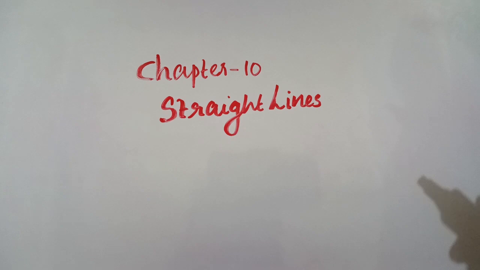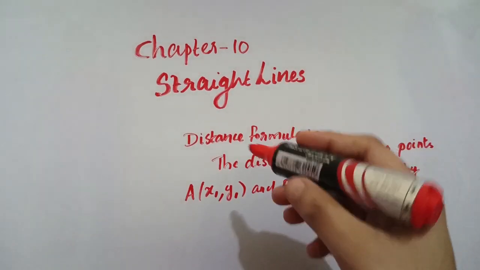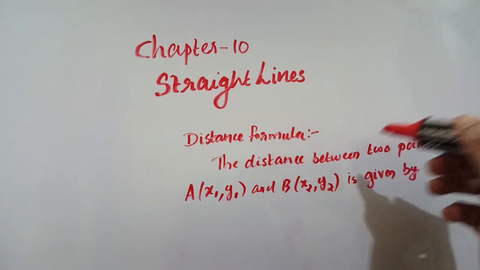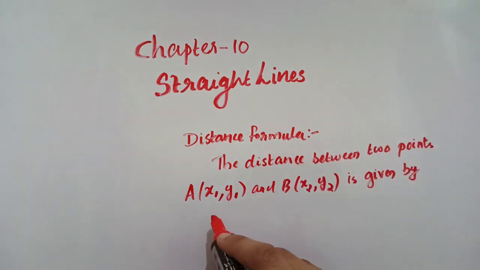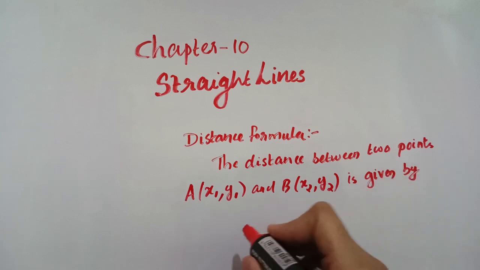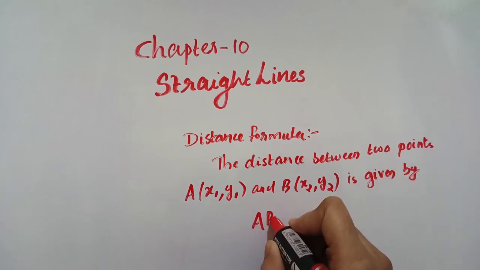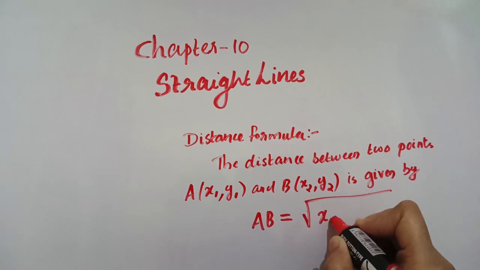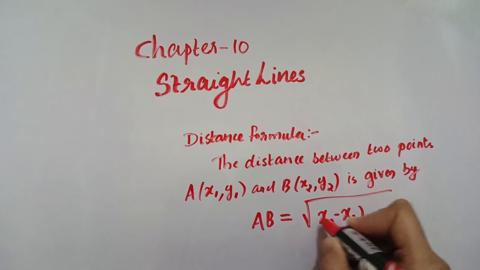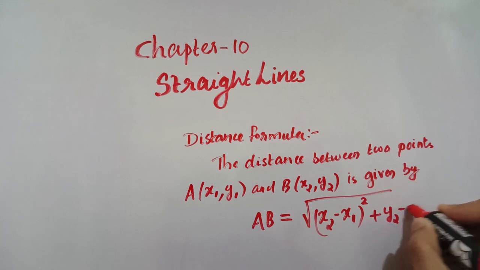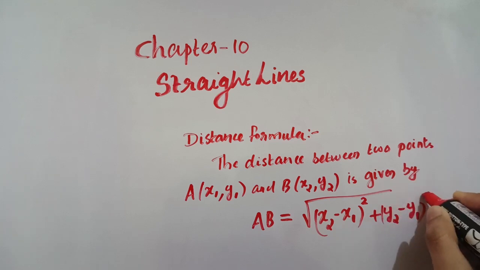Now we can look at the chapter. Okay, first we can discuss the distance formula. The distance between 2 points A(x1, y1) and B(x2, y2) is given by AB is equal to root of (x2 minus x1) whole square plus (y2 minus y1) whole square.